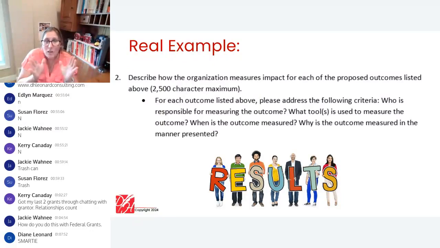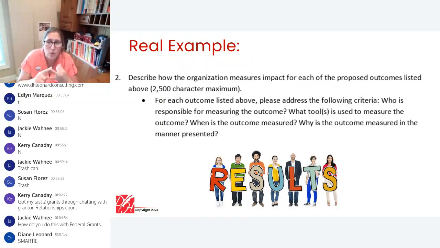This is a question that was structured to get understanding by the grant maker of how the organization would measure impact. Now, I do wish that they'd given a little bit more than 2,500 characters, but what I really appreciated about it, because it made for some really robust responses, is the sub-questions here. Who's responsible for measuring the outcome?